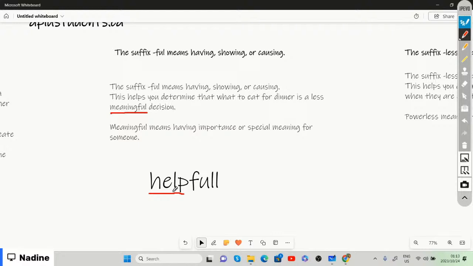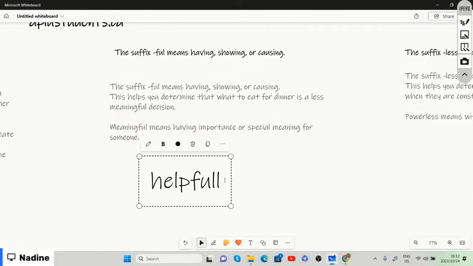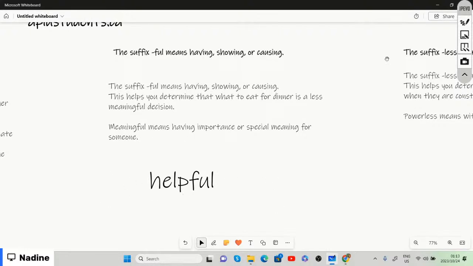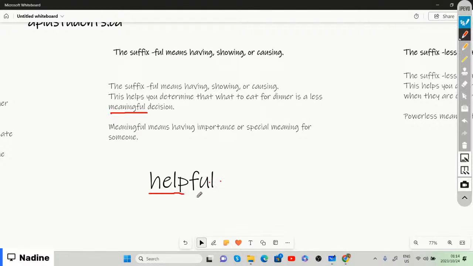And the meaning of helpful, which is help plus FUL, with just one L, is giving or ready to give help. It's showing that I'm helping. It's the act of assisting someone. And that is helpful.